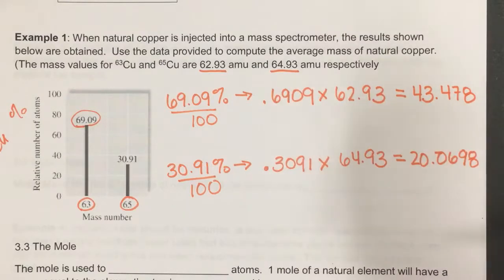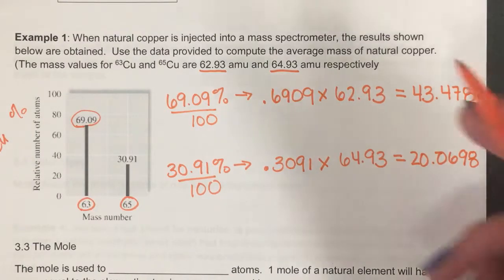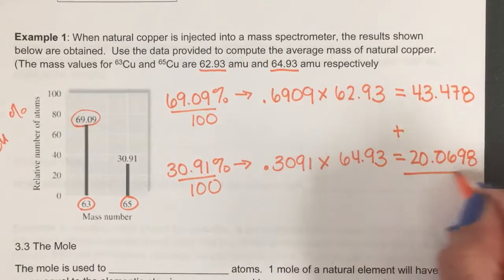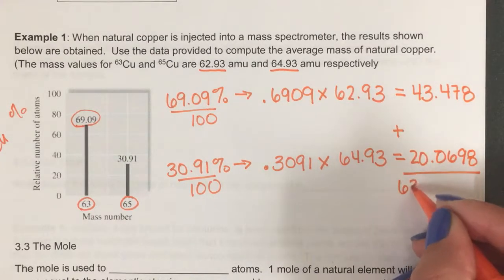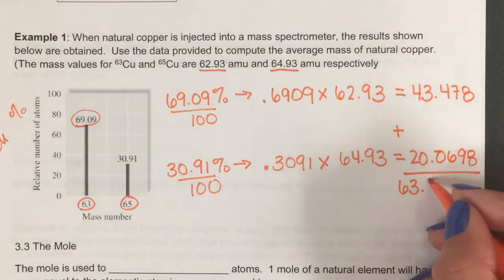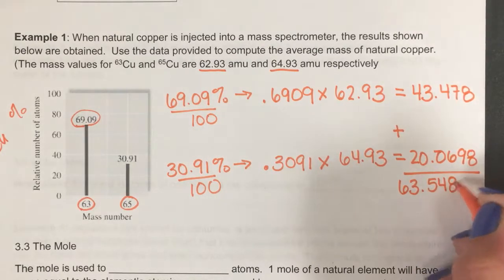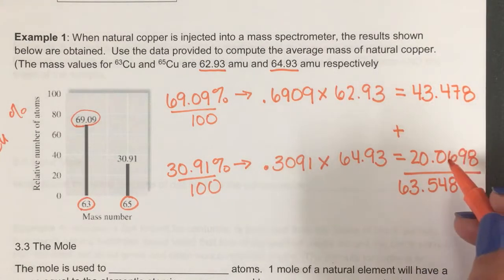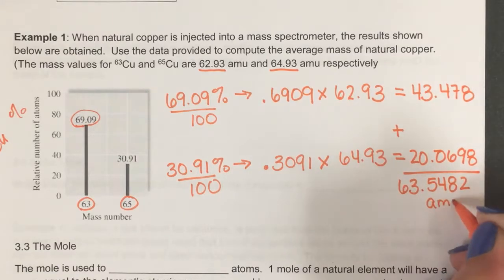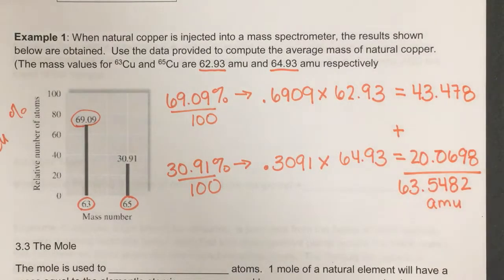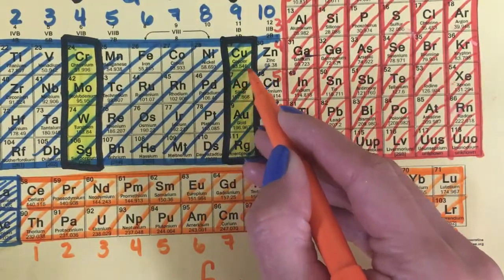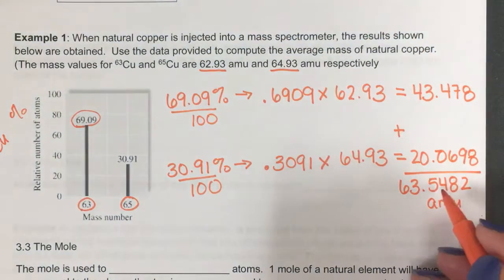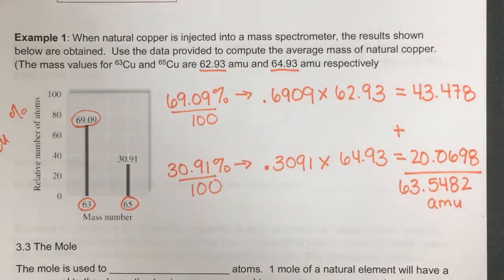Once I've multiplied each by their percentage changed as a decimal, I'm going to add those up, and I get 63.5482. This is my mass, so it would be AMU, or atomic mass units. If I look at my periodic table for copper, 63.546, pretty dang close. Okay?